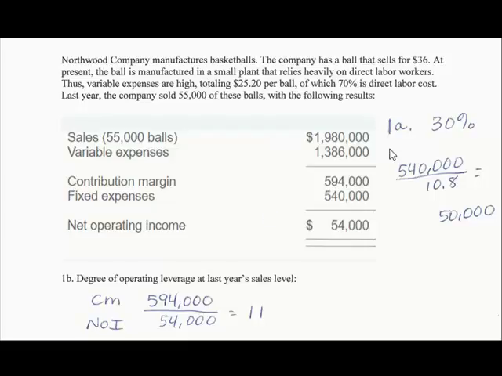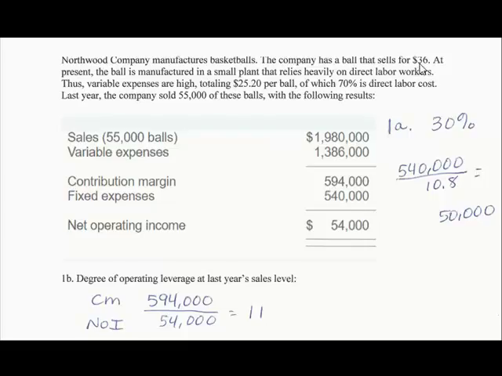First thing you're asked in 1A is to calculate the CM ratio at this level of sales, and then to also calculate the number of balls that need to be sold to break even. So the CM ratio I can calculate a couple of different ways.